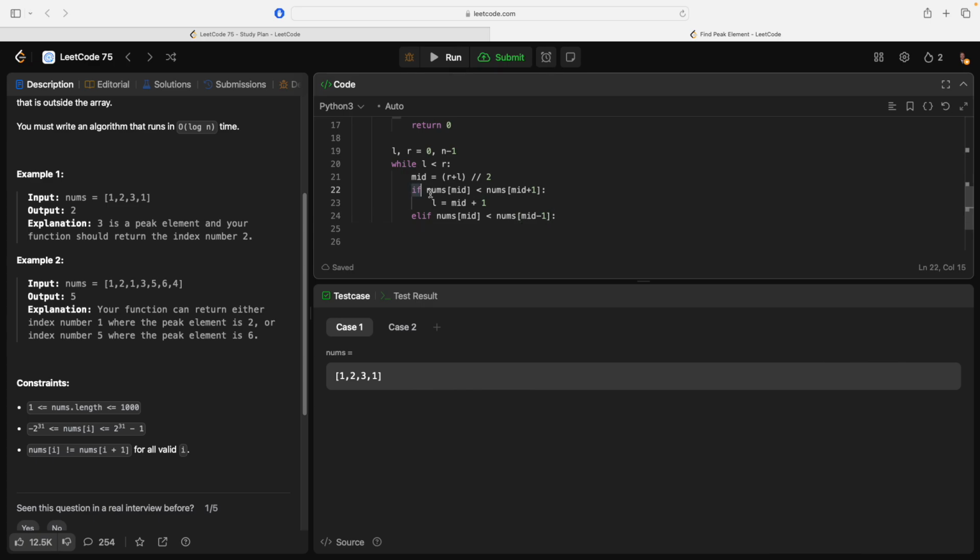And I think we should do some edge detection. So if mid is less than n minus 1 and if mid is greater than 0, a little bit of edge detection, R equals mid minus 1.